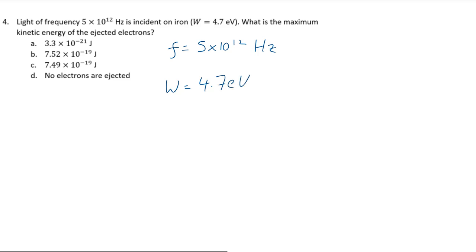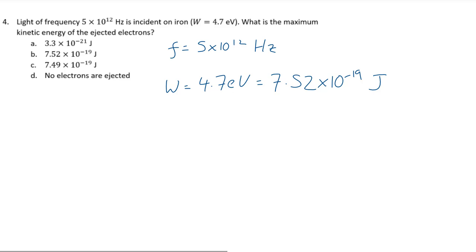As we are going to calculate the energy of light in joules, we must first convert this work function into joules. Remembering that 1 electron volt is roughly 1.6 multiplied by 10 to the minus 19 joules, we can convert this energy value into joules, giving us 7.52 multiplied by 10 to the minus 19 joules.